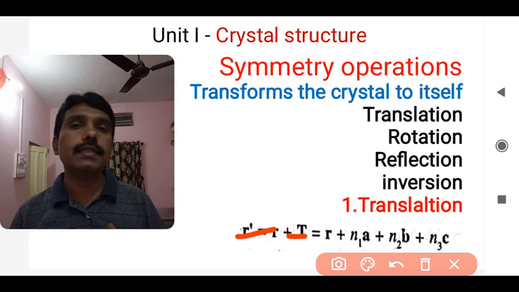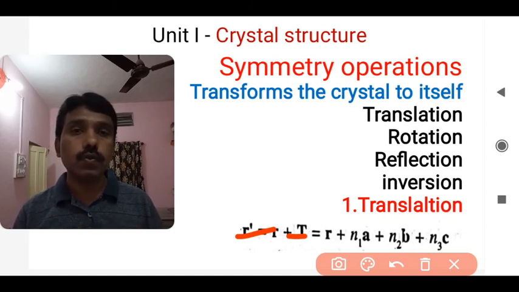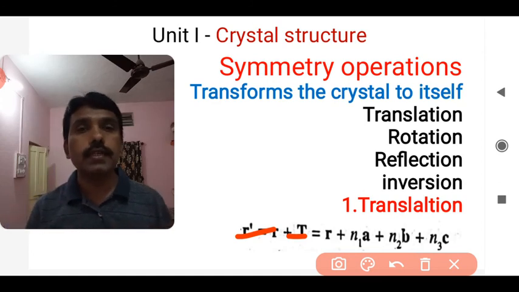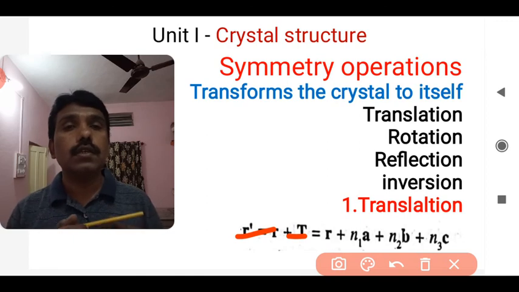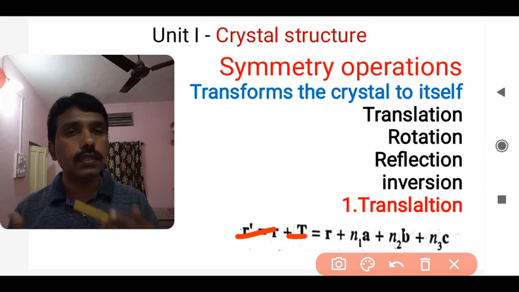The translation vectors are of two types, primitive and non-primitive, and we have seen this in detail.